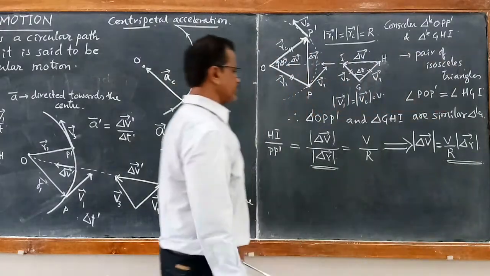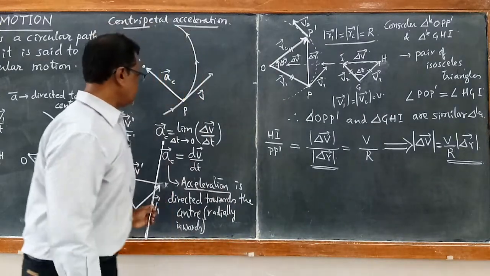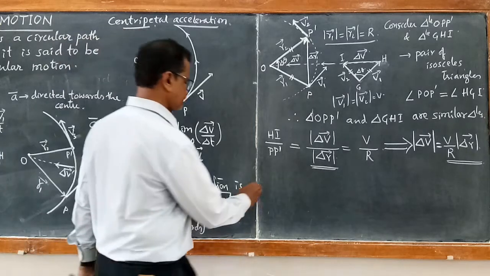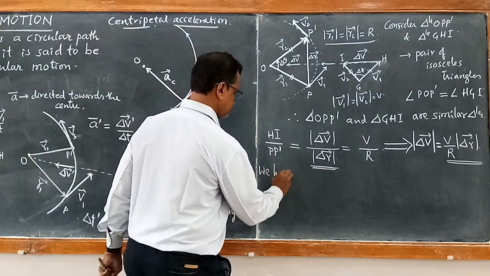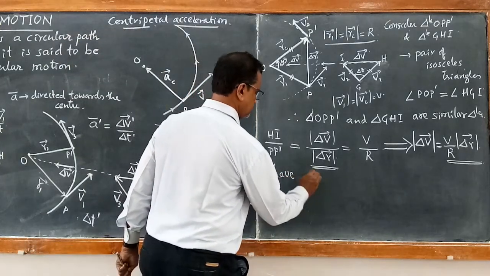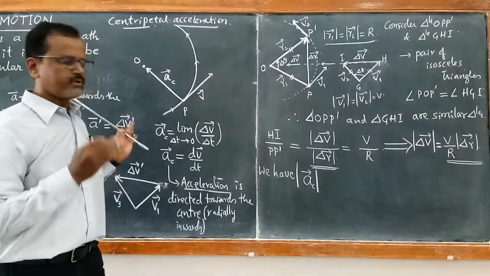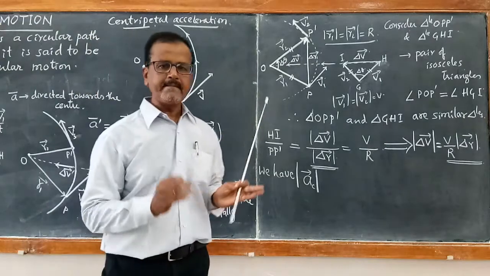Now come back to the equation of centripetal acceleration. Let us take only the magnitude, because we have already found the direction. We are interested in magnitude.